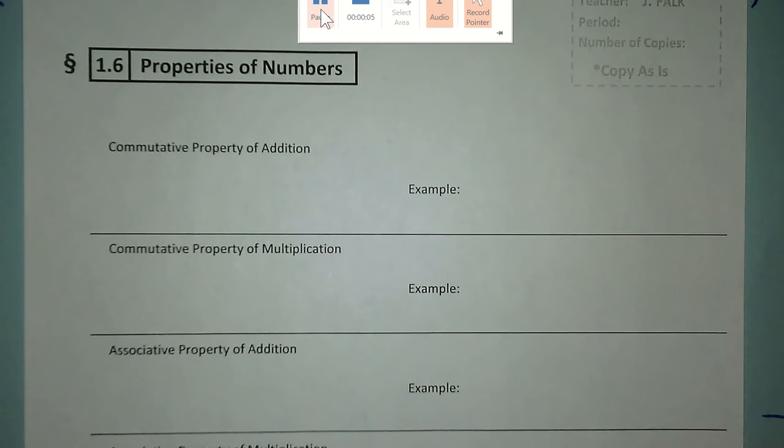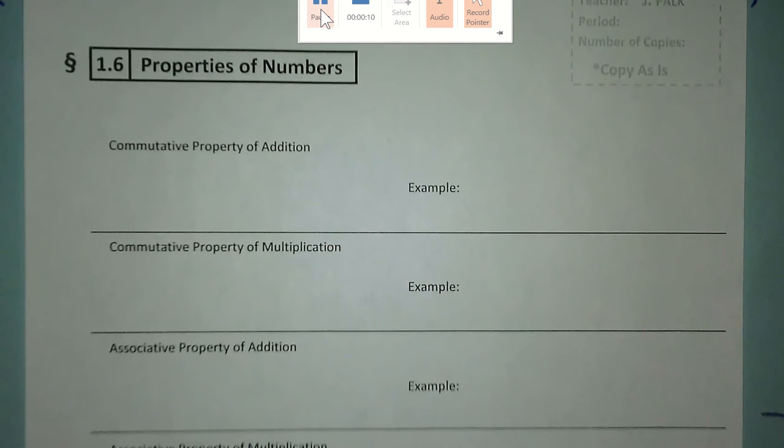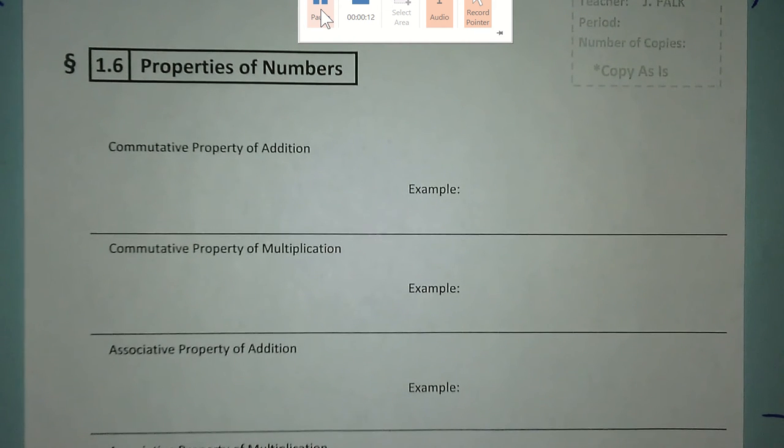Today's lesson is on section 1.6, properties of numbers. This is really just facts about how numbers work and how operations work, especially when it comes to addition and multiplication. But try to remember right off the bat that subtraction is basically addition.